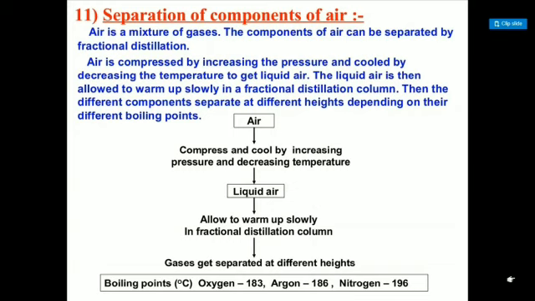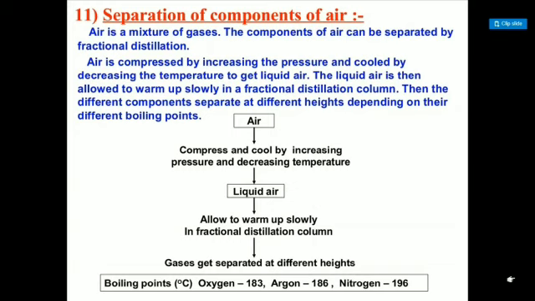How we get liquid air is given here. Air is compressed by increasing the pressure and cooled by decreasing the temperature. Liquid air is obtained. The liquid air is then allowed to warm up slowly in a fractional distillation column like the previous one. Then different components separate at different heights depending on their different boiling points.